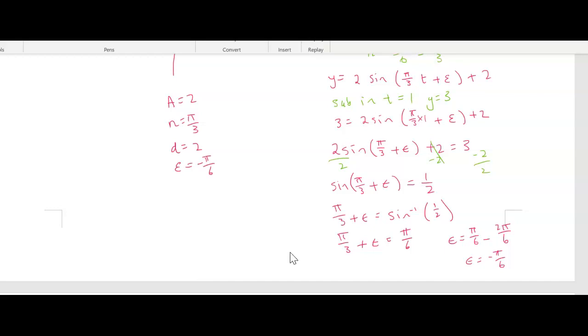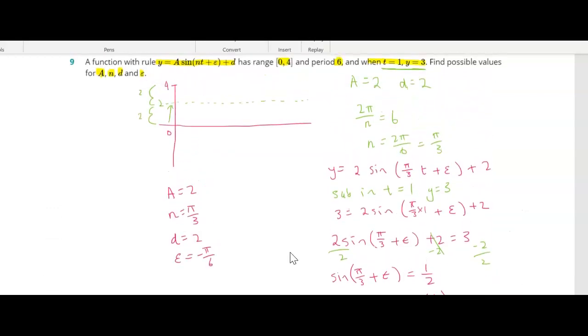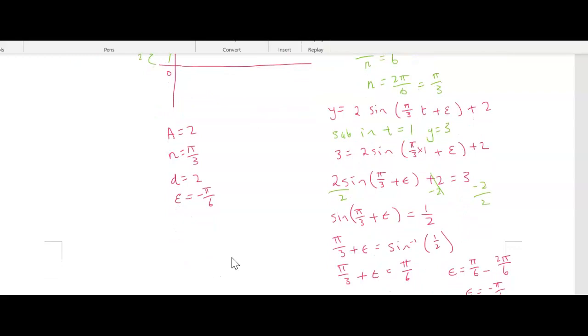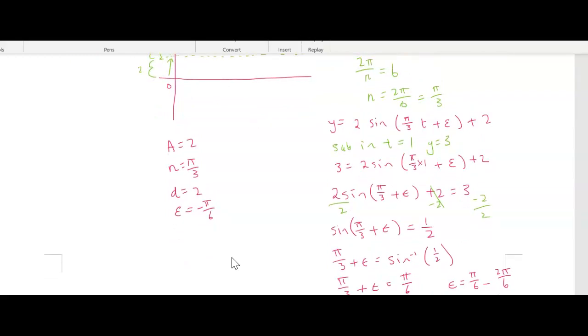Now, as I've said, because your sine and cosine graphs are infinite unless you have a restricted domain, the value of epsilon can be many, or infinite values really, but that's just our first one, and then it would just repeat over and over again.